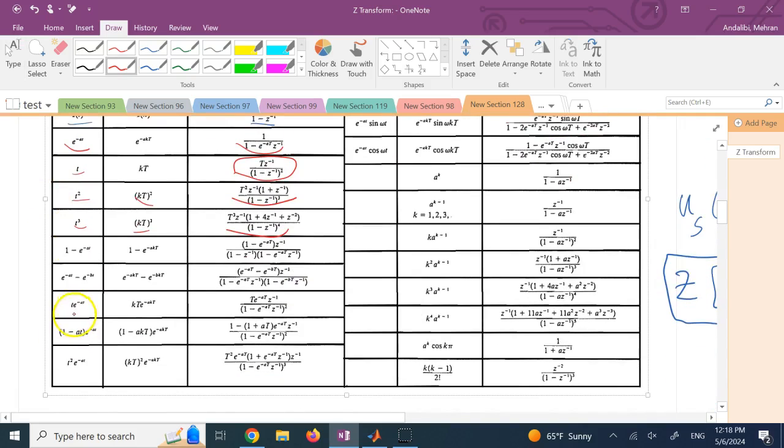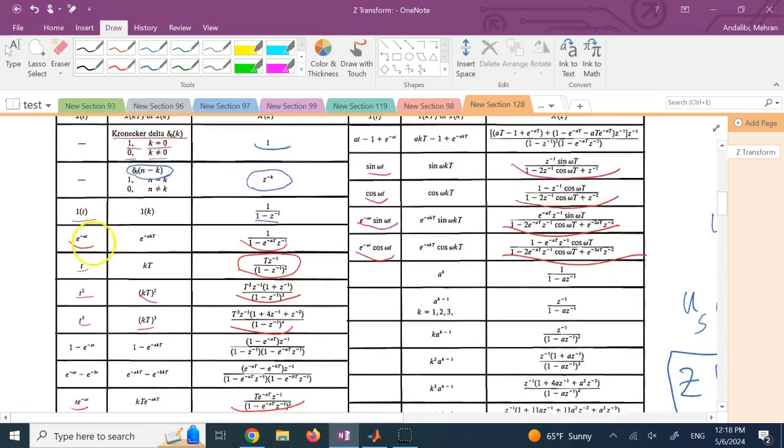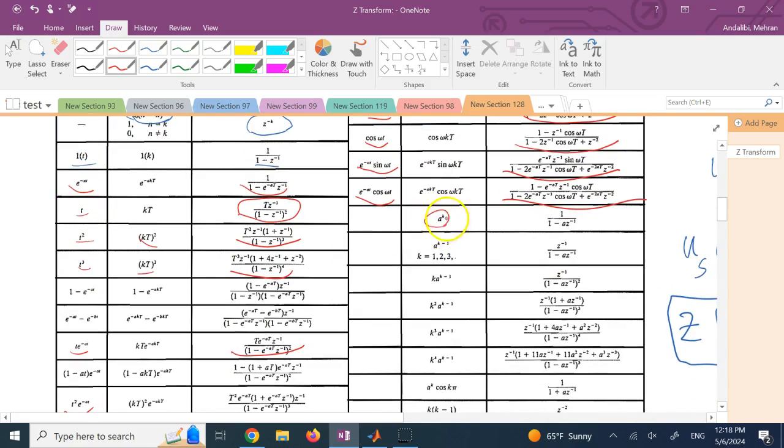Then you have t times e to the negative a t. You have t squared times that. You have sine and cosine omega. You have the damped sine and cosine if you want. You have the polynomial, the power function, 1 minus a times z inverse.